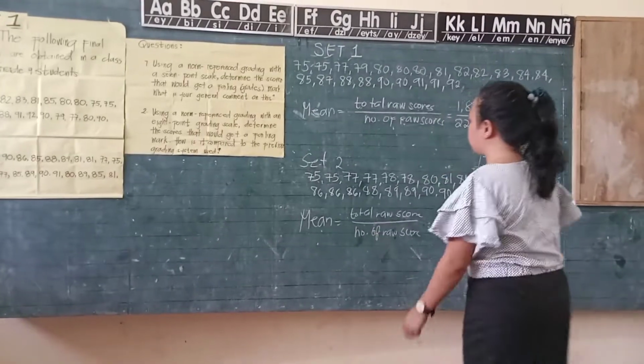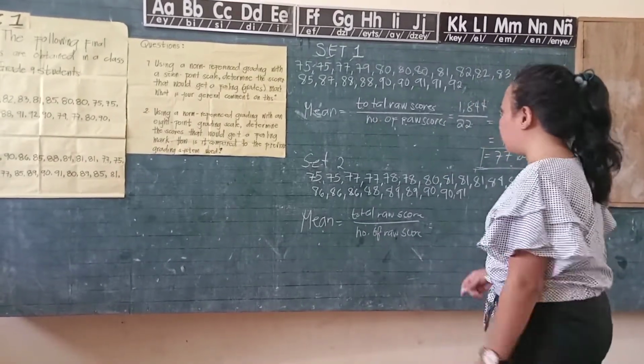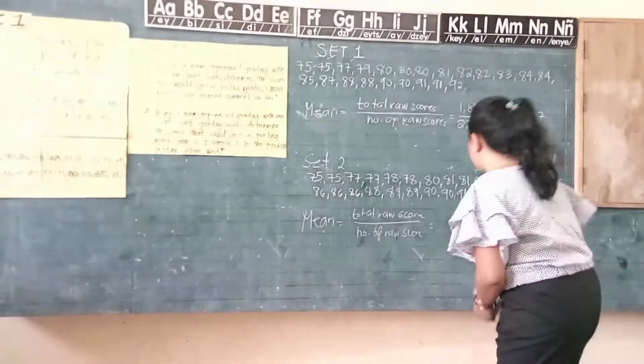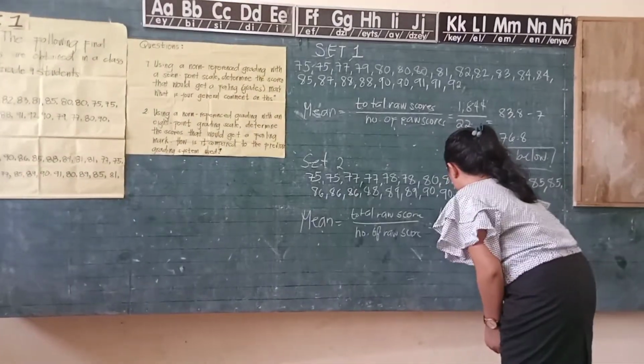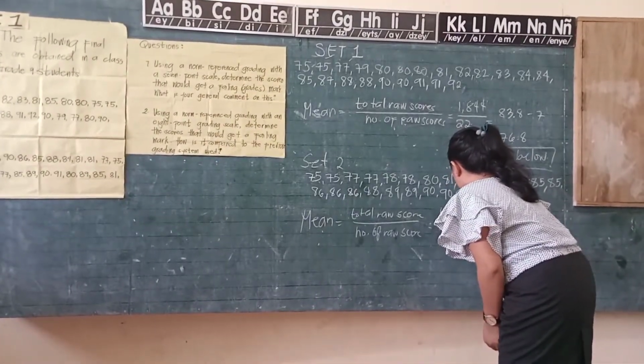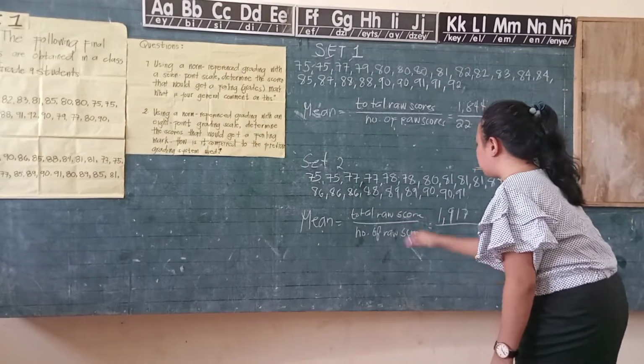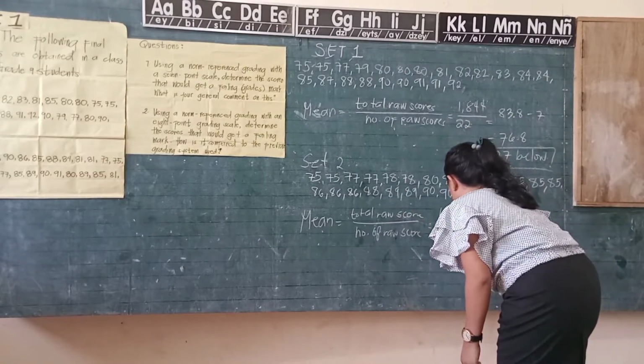So total raw score in set 2 is 1,917. And all in all, the number of raw scores is 23.